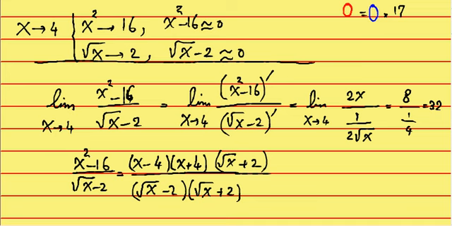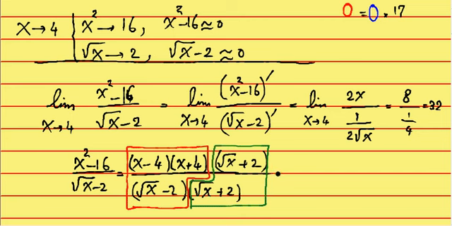So what have I done so far? This is just my fraction that I had at the beginning. I just factored it. I factored the numerator, and this piece I am multiplying by the conjugate of my radical expression in the hope of cleaning out the radical.